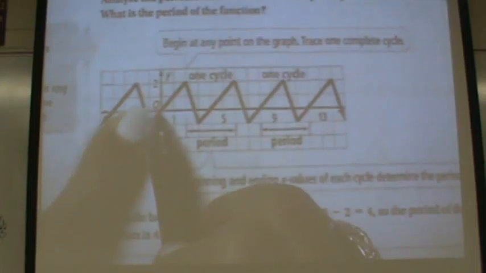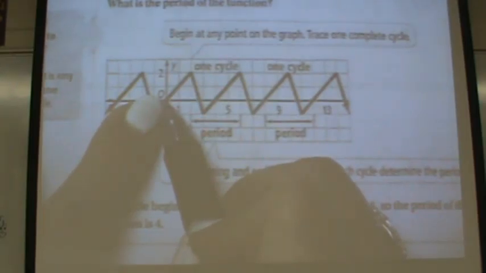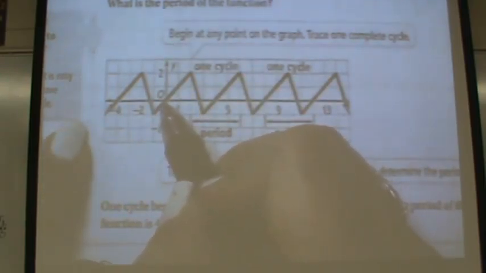If I started my cycle right here, can you trace with me and tell me where this cycle begins again, or where the period begins again? So everybody, look at my pen right here. I'm going to go up. Tell me when I start repeating. Right there. Up. Up a little. Right here.